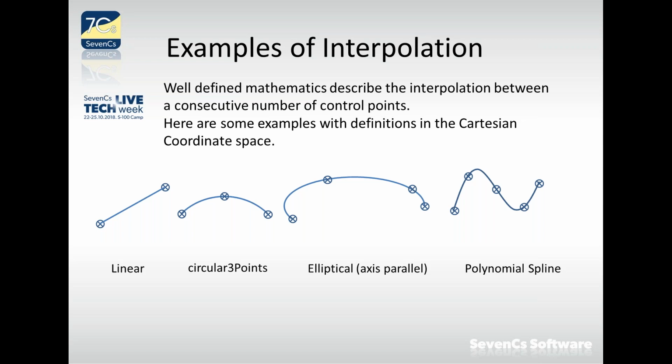In this case, it is an axis parallel ellipse, and we need 4 points to define it. If it's an arbitrary ellipse, then we need even 5. And the last example is a polynomial spline, or it can be any other splines or different types of spline. We have the control points, and then you have well-defined mathematical concepts to calculate the points between them.